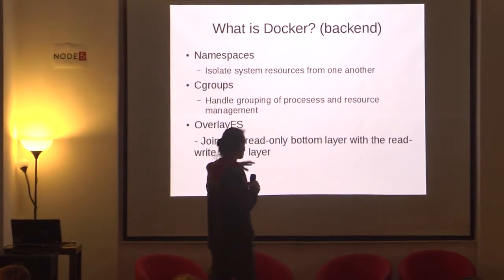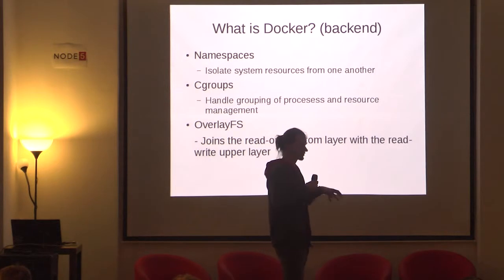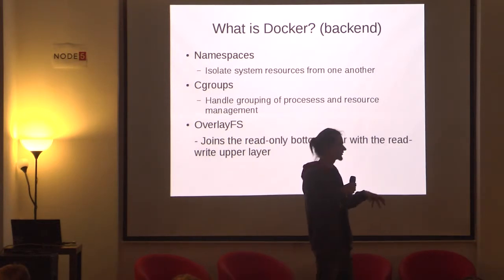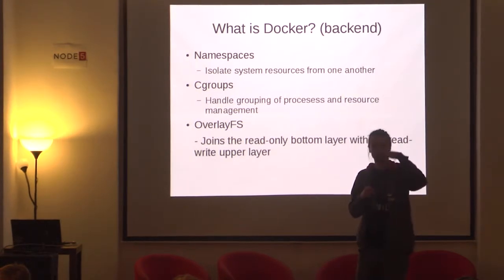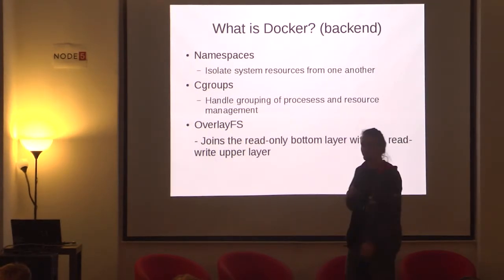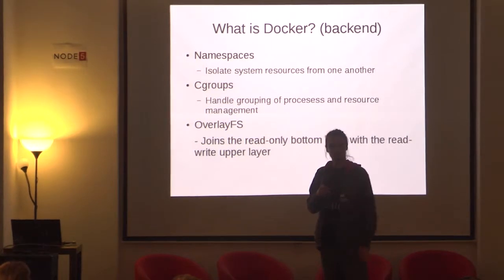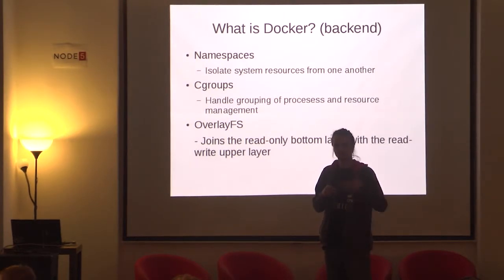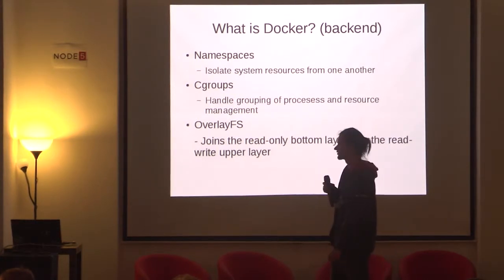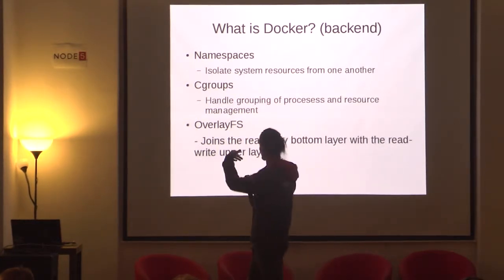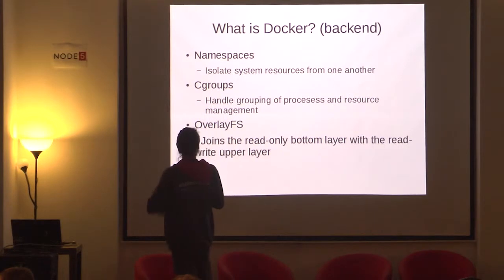Whenever the file system is asked to locate some file or directory, it first checks whether it's in the upper layer, which is the read-write layer. So it basically checks whether the user made any changes. And if the file is not found in the upper layer, it is searched from the lower layer.